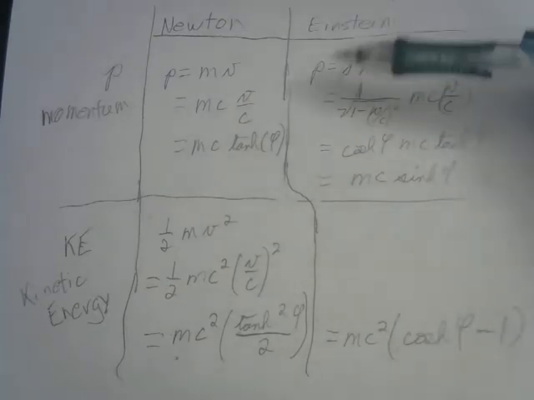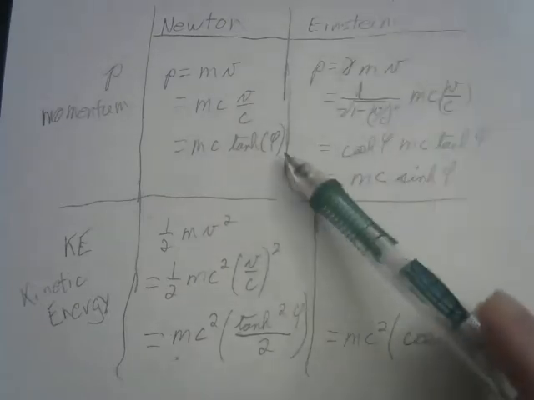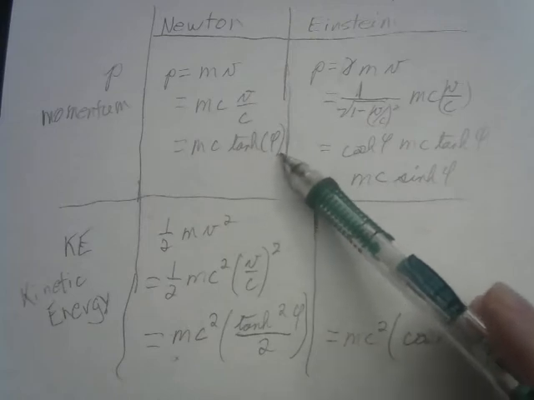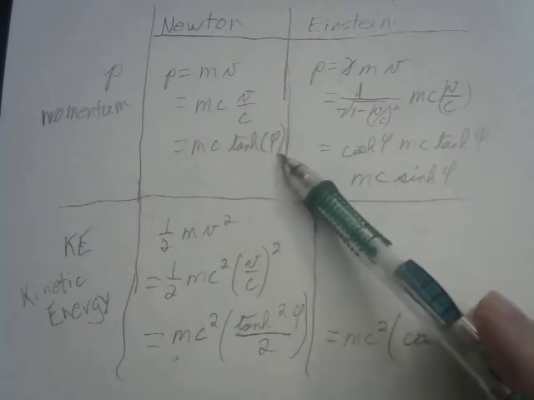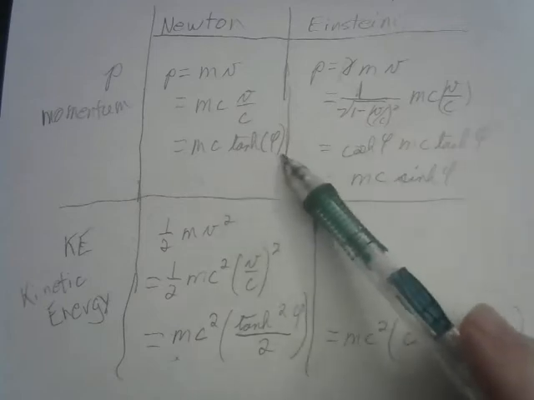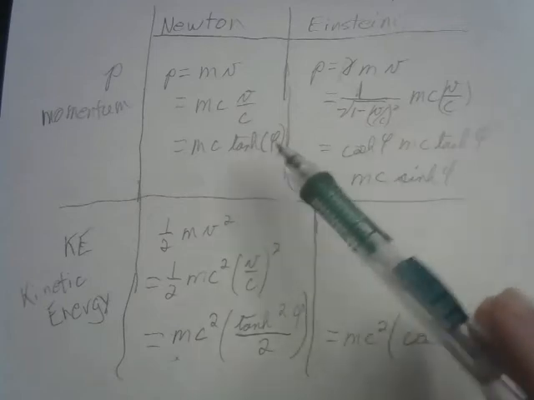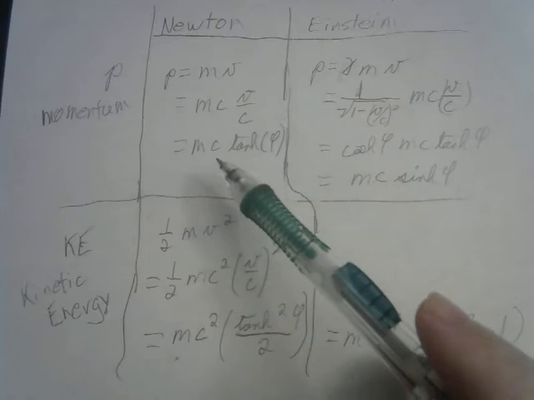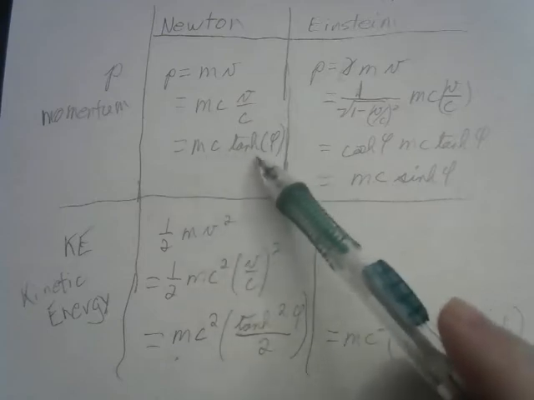With Newton's model, if you introduce that same identity, that v over c is equal to tanh phi, then from Newton's model you would have mc tanh phi.